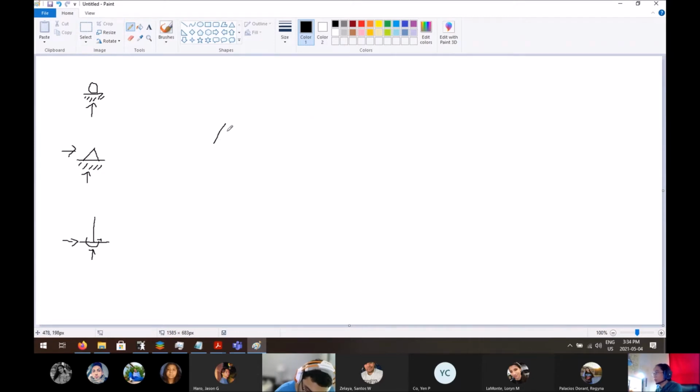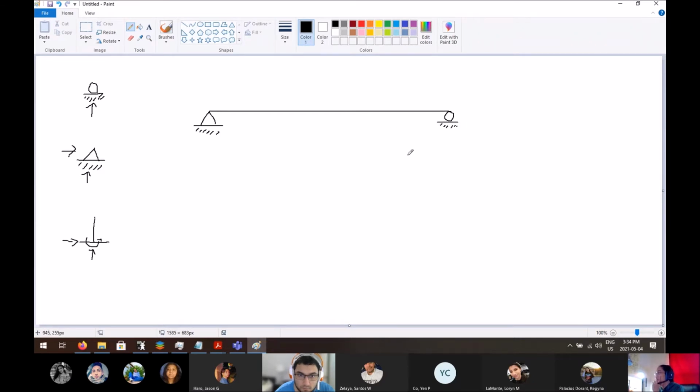So let's say we have a beam. You have a pin and a roller, and you're going to have reactions. Here is your pin and here is a roller.